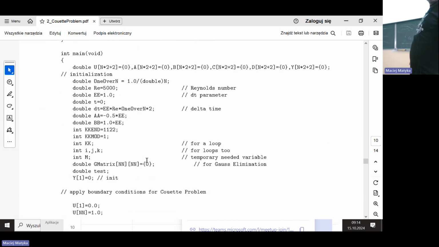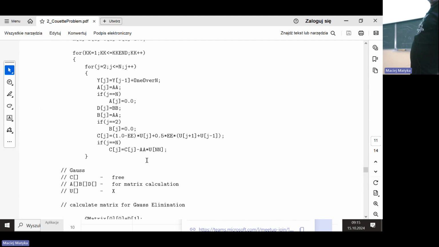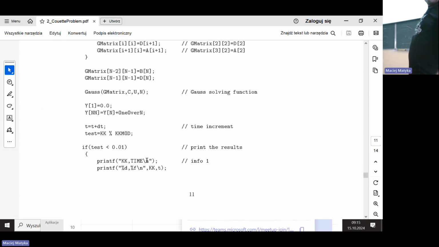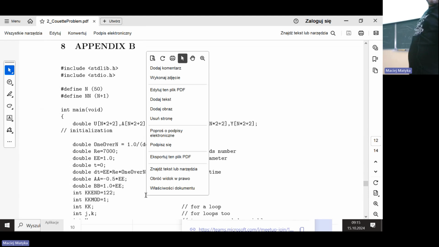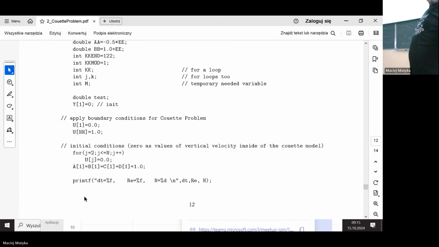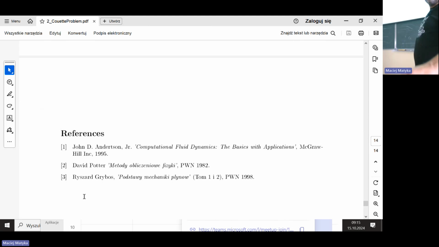And the creation of matrices is here. I just go step by step, create from the equations all the coefficients and create a matrix which is tridiagonal. That's it. It's nothing more. What is appendix B? I was using this for other problems as well. And there are three references that I recommend.